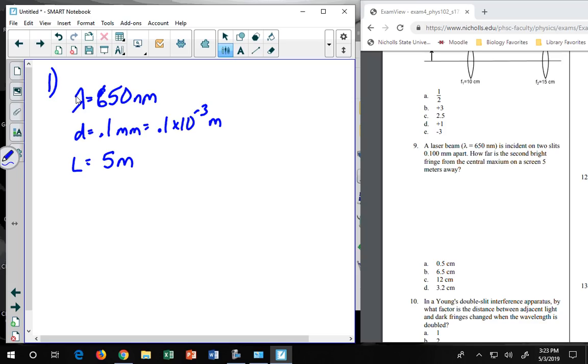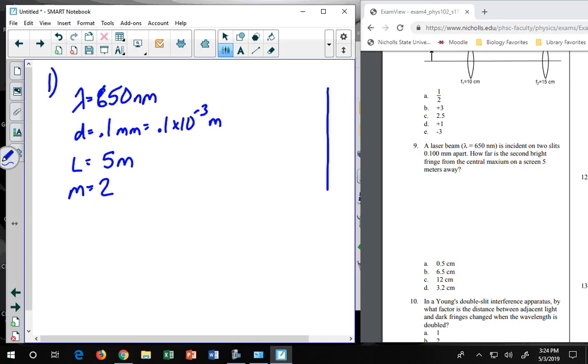What I'm going to ask you is, well, actually I'll ask you what this question asks. How far is the second bright fringe from the central maximum? It's probably not going to be the second fringe. It'll be the third or whatever. But I know from that sentence that I'm looking for the second order.